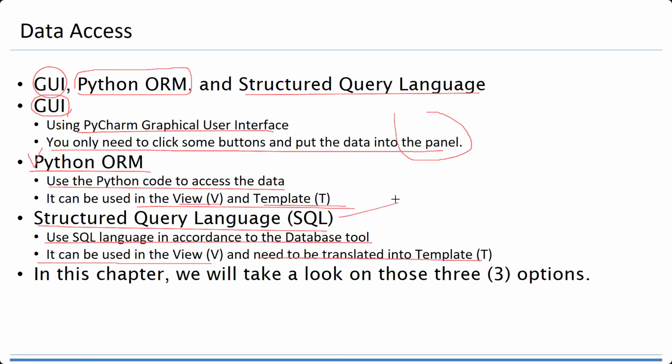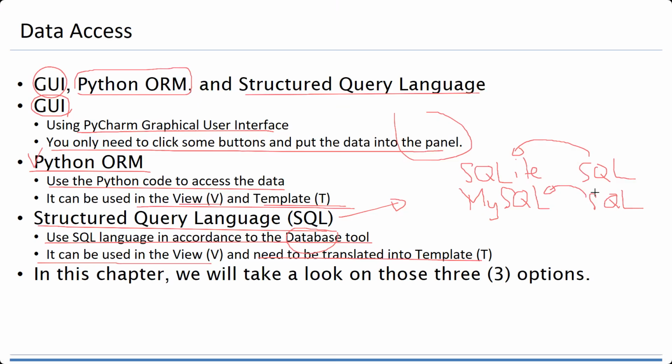So SQL is a kind of language based on the database. If you are using SQLite, then there will be SQL, or the structured query language, only for SQLite. If you are using MySQL, another kind of database, then there will be another SQL language for this MySQL. Maybe they are similar.